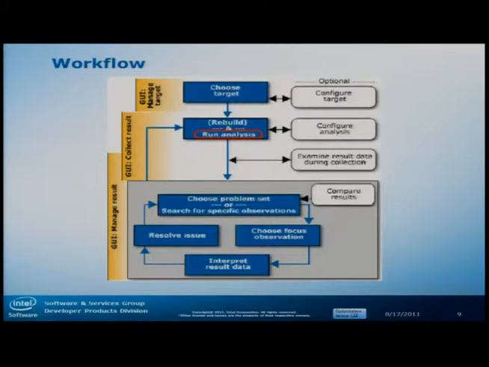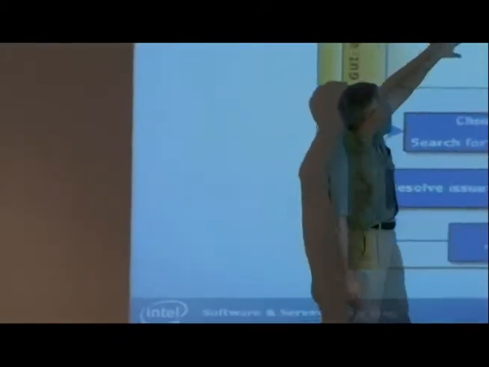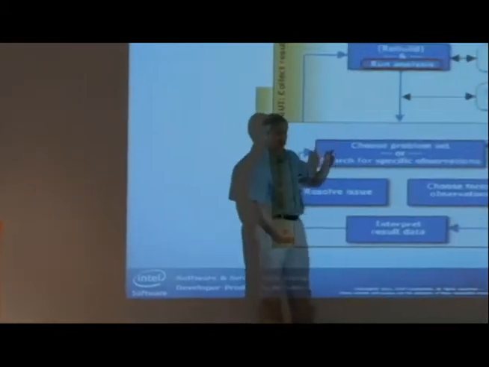If you want, you can configure details about how the data gathering phase will occur. If necessary, you can rebuild the program because this tool is going to want to see line number and function symbols, so you may have to turn on symbol generation. You then run our tool to get the analysis data.